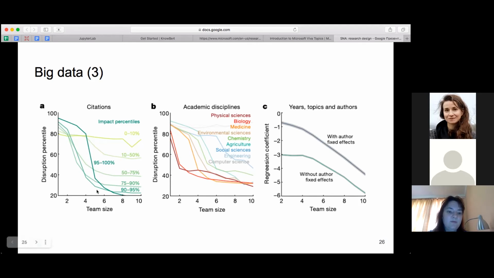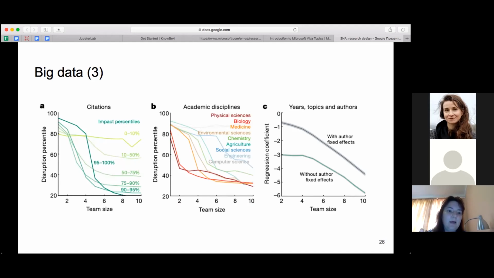But then we have a dramatic, nonlinear decrease. From 4 to 5, we see a very big decrease in the percentile of disruption. So we see that groups up to 4 people that produce very high impact studies produce disruptive studies, while groups of 5 people already decrease their disruption.